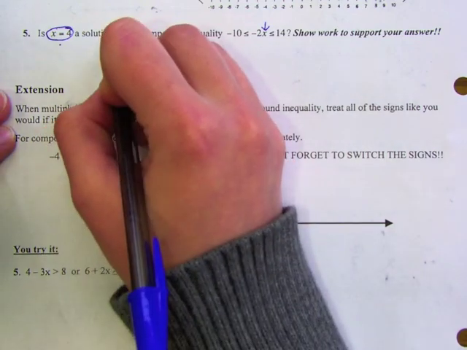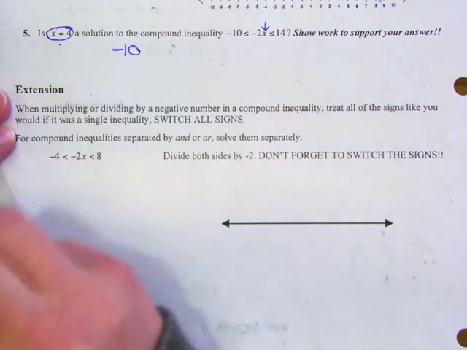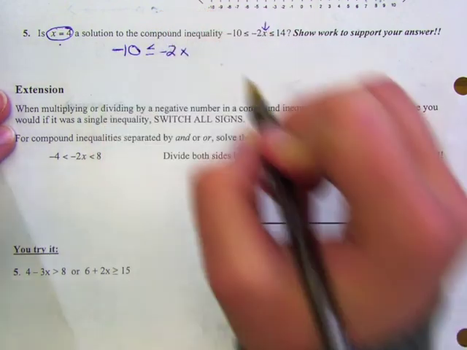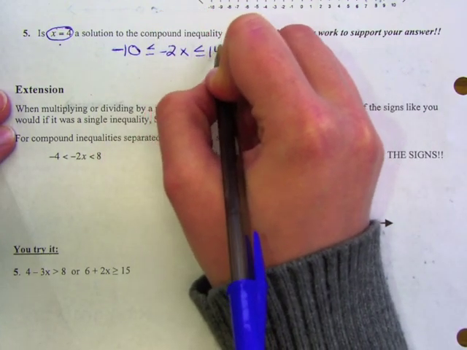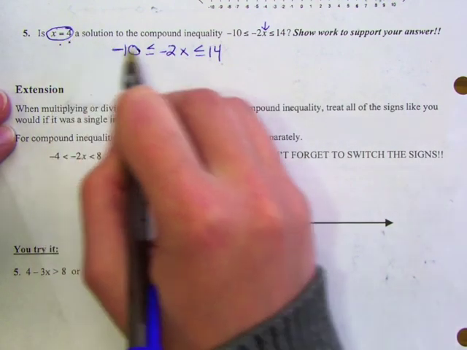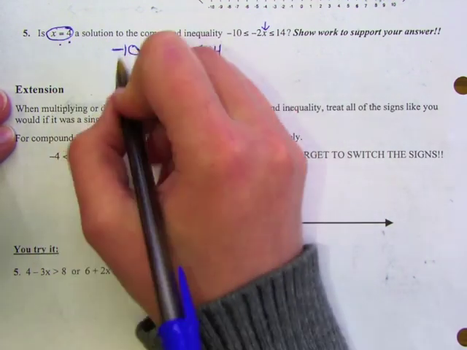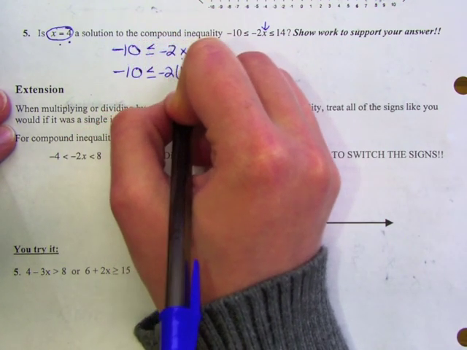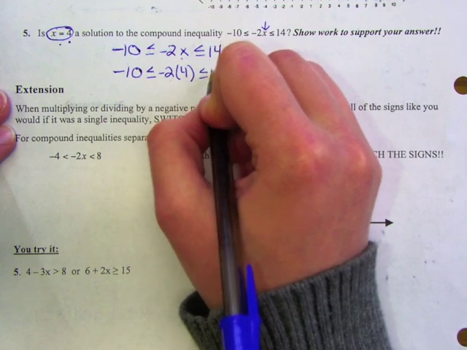So I need to rewrite my inequality as negative 10 is less than or equal to negative 2x, which is less than or equal to 14. Now I'm going to plug my 4 in for x since x is equal to 4. So I'll have negative 10 is less than or equal to negative 2 times 4, which is less than or equal to 14.